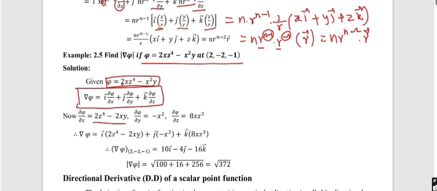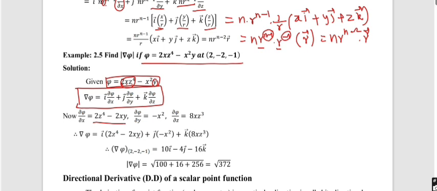Differentiating with respect to y, in the first term there is no y, so we have 0. In the second term y becomes 1, remaining minus x square. So j vector into minus x square. Then differentiating phi with respect to z, 2x is constant, differentiating z power 4 we have 4z cube, so 2x into 4z cube is 8xz cube.